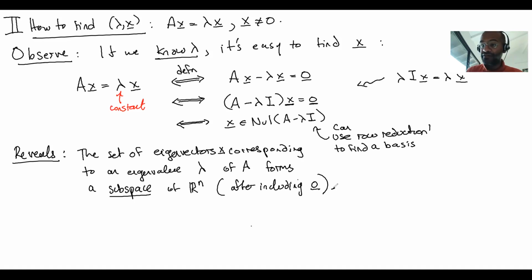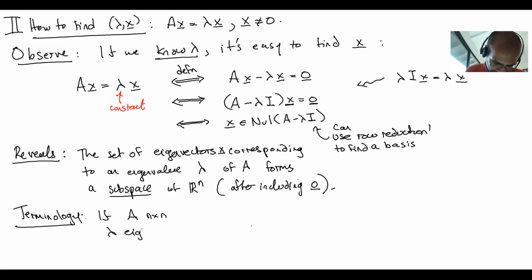This little observation does tell us something interesting. And so what's the terminology? If A is n by n and lambda is an eigenvalue of A, we use E sub lambda to denote this subspace.